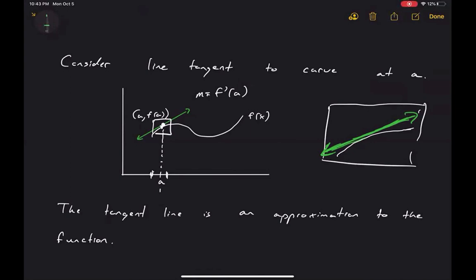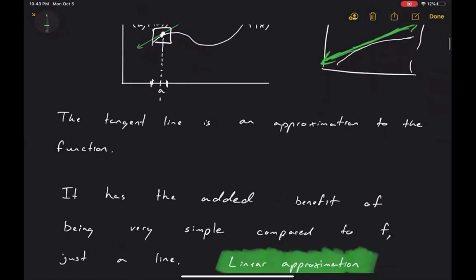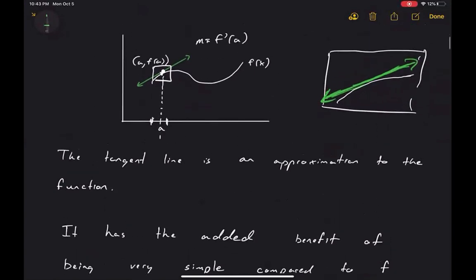And that's really what a tangent line is. Our tangent line is an approximation to our function in a small area. The farther away we get from this point, the worse our approximation is.